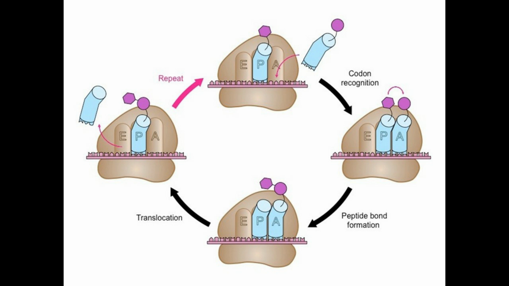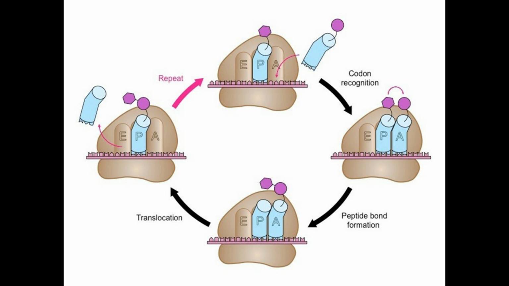Now, there are two tRNAs sitting together. One tRNA is having methionine, that is the initiator tRNA, and the second tRNA is carrying its corresponding amino acid. Now, these two amino acids are to be linked together by peptide bonding. There is the initiator tRNA on the P site, and there is a new amino acyl tRNA on the A site.